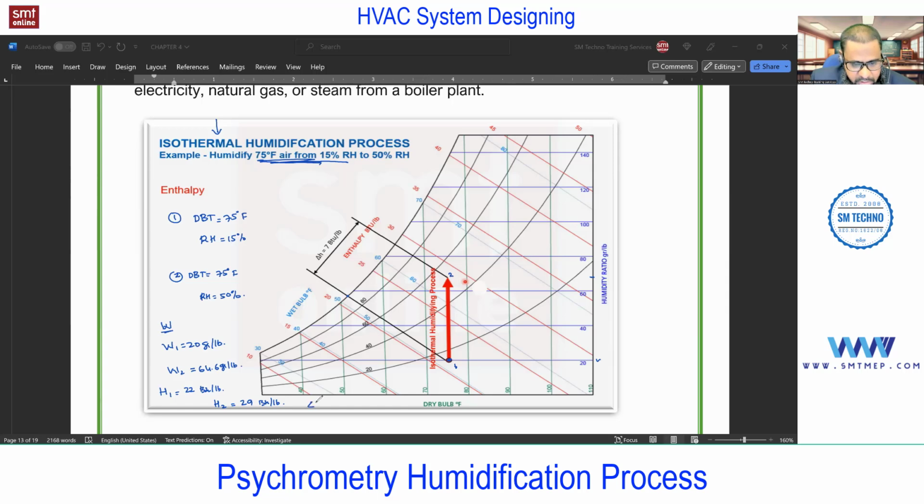And therefore, delta H is what? 7. It means by adding this 7 BTU per pound, one can increase the RH without increasing the temperature. Now the question is, we are adding heat, but temperature is not increasing. Then where does the heat go? Exactly.